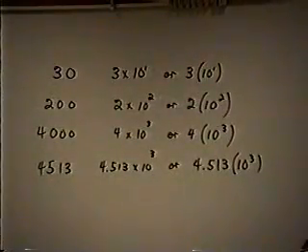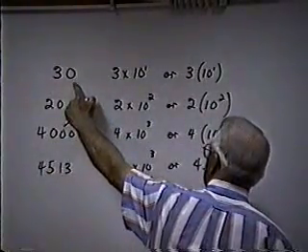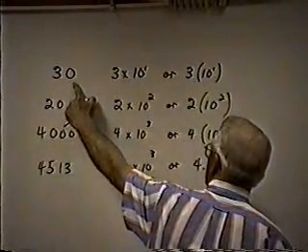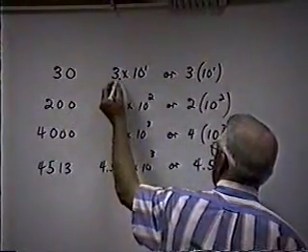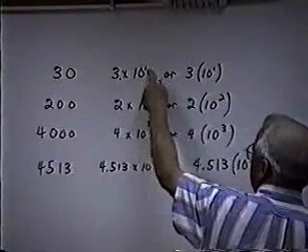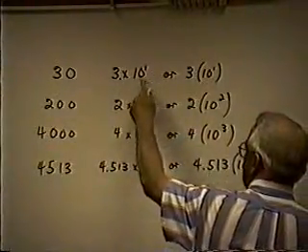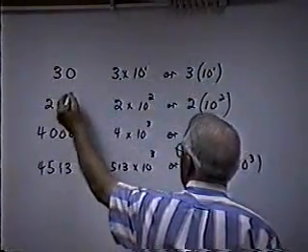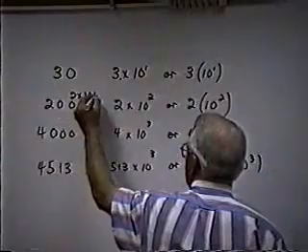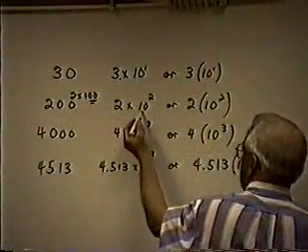What scientific notation is saying is this. 30 is the same thing as 3 times 10. So that's 3, we put a decimal right there, times 10. 10 is the same thing as 10 to the first power. Well, look here, 200 is the same thing as 2 times 100. 100 is the same thing as 10 squared.